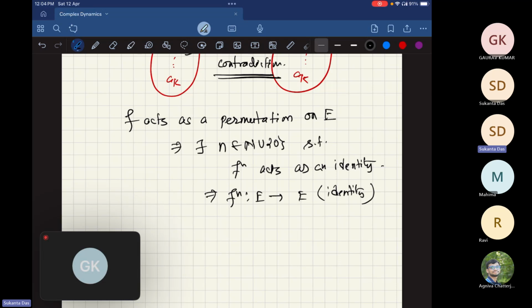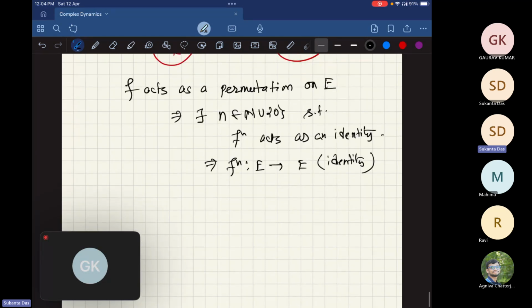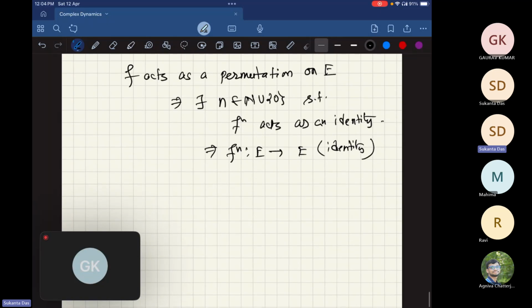then in this case, let the degree of f^n be d.